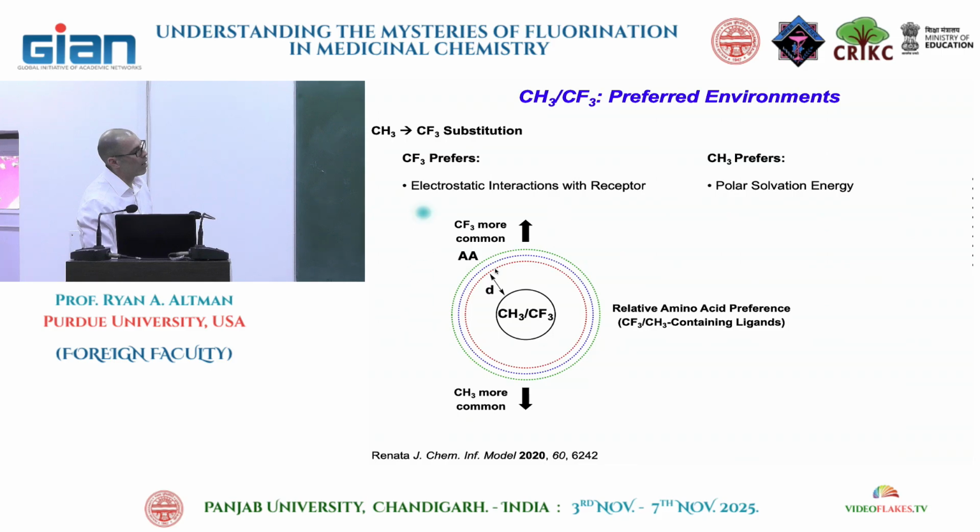Now on the y-axis, you're going to see a ratio from the crystallographic database of whether the amino acid typically prefers CF3 or methyl. If you just dig data out of the database, which one is common, which one is more preferred? That's going to be a bar chart, and it's going to get pretty crazy. Now, this model looks at electrostatic interactions and polar solvation energy.